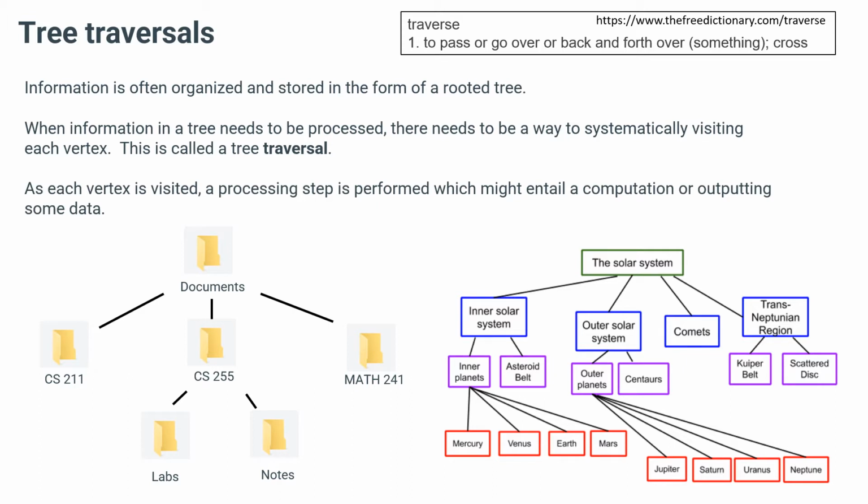As each vertex is visited, the processing step would be performed. That could be either a computation or outputting some data. In our examples here, the processing step for the computer would be searching through that folder for whatever we're looking for.